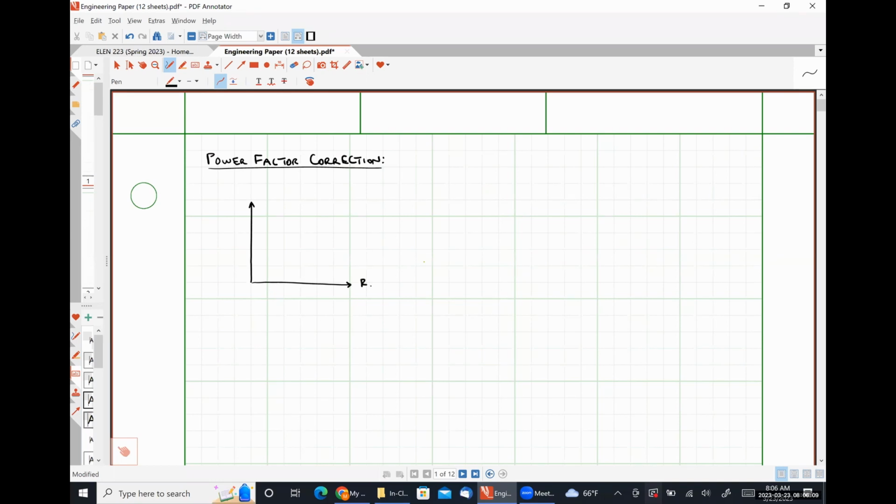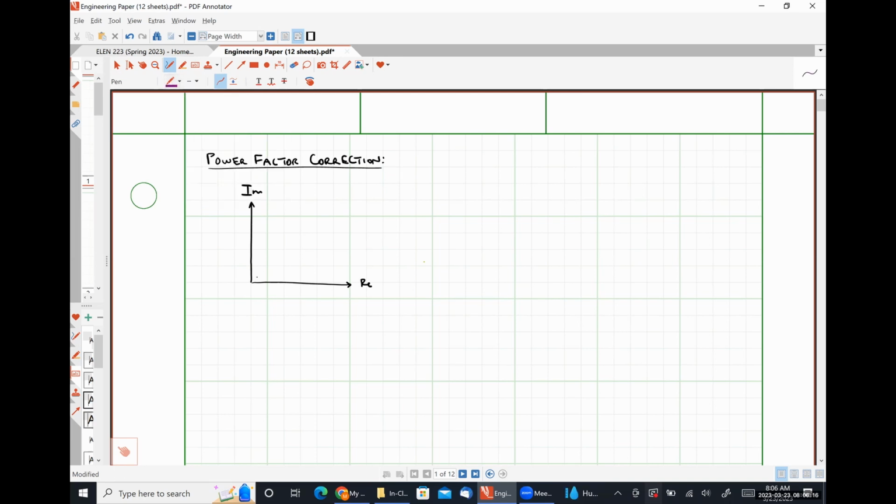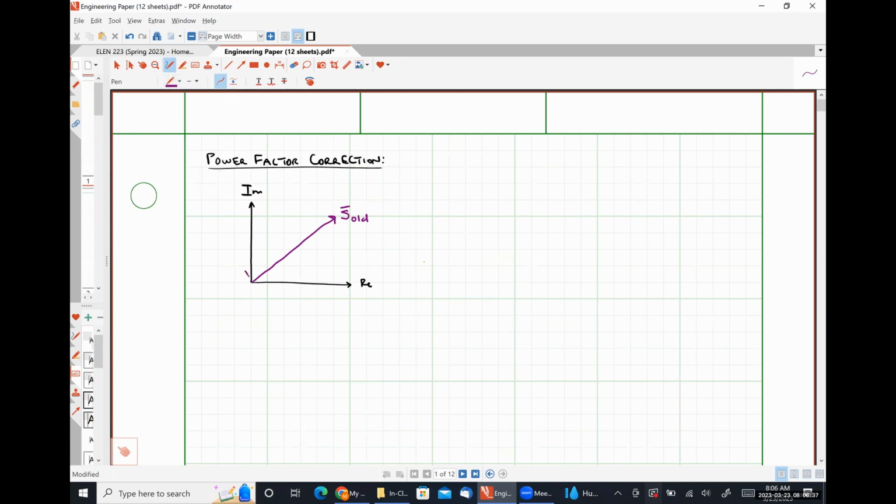So here we have our real axis, here we have our imaginary axis, and let's say that our load, I'm going to call this S old. This represents the complex power absorbed by our load prior to applying power factor correction. And we know that the length of this vector is our apparent power.